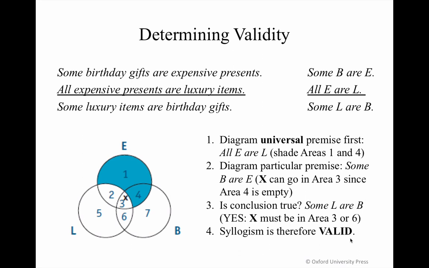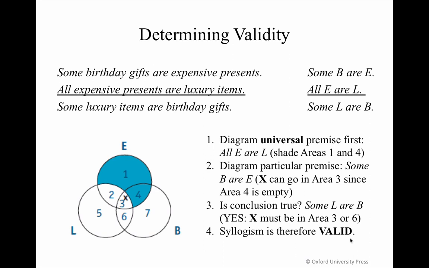The area of overlap between B and E is the area where we must put an X in order to accurately reflect the claim some B are E. But notice that area 4 is not available. Shading designates that there is nowhere you can put anything. So the X must go into area 3.